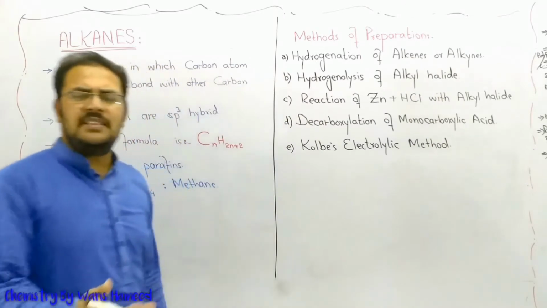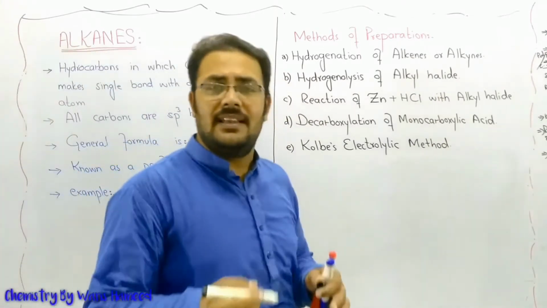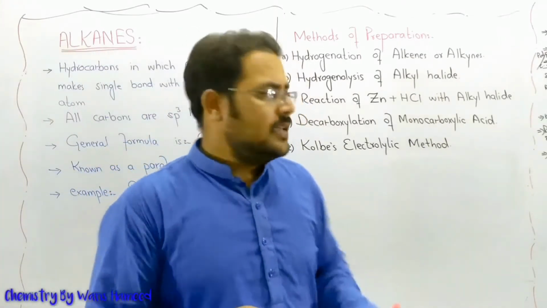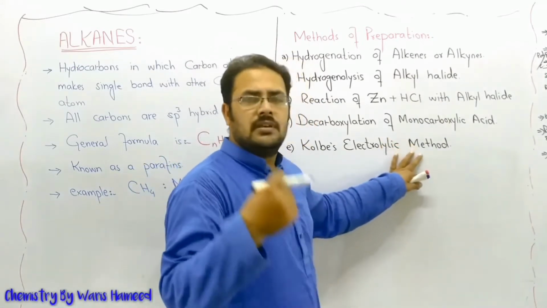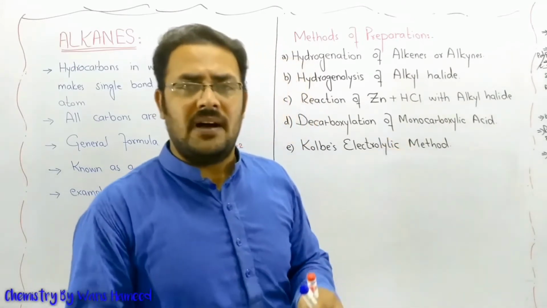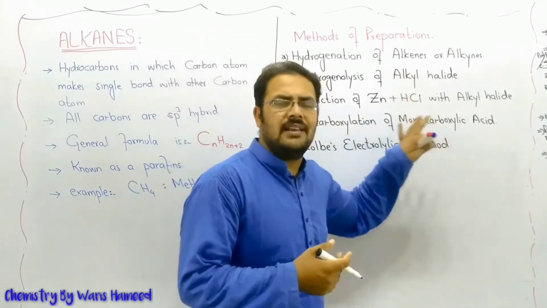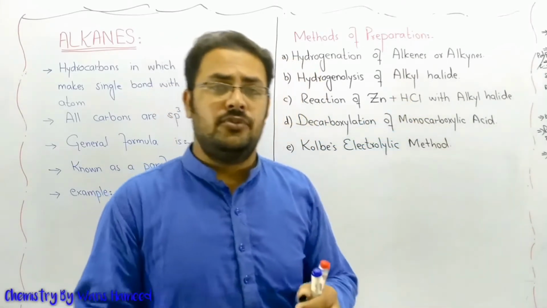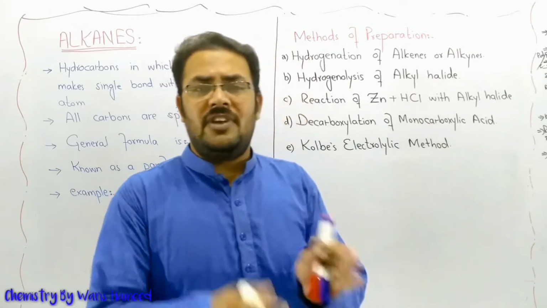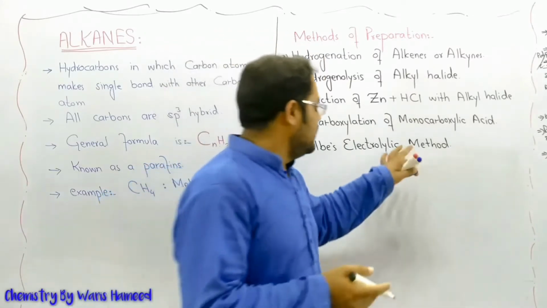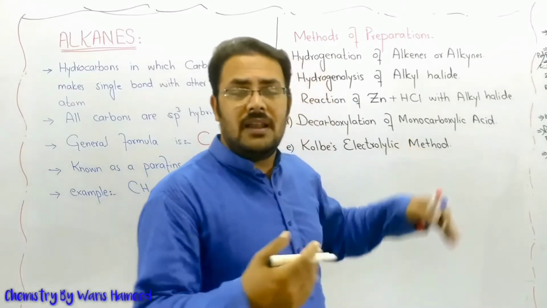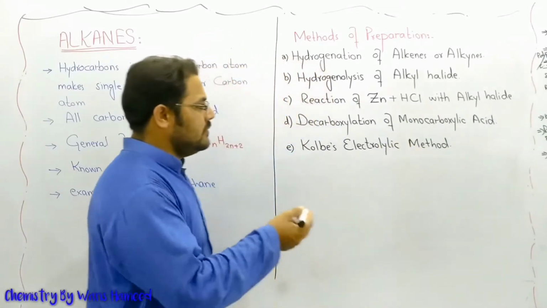It is a very famous method for the preparation of hydrocarbons like alkane, alkene and alkyne. In this method we use the salt of any carboxylic acid. If we use the salt of a monocarboxylic acid, it will form alkane, and if we use the salt of a dicarboxylic acid, it can form alkene or alkyne.